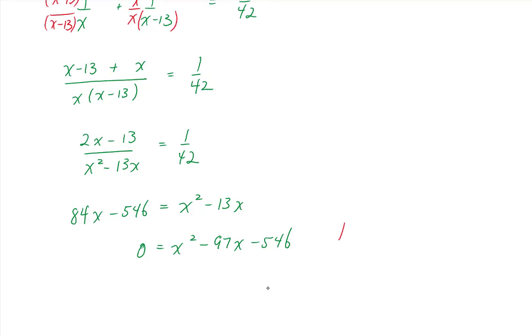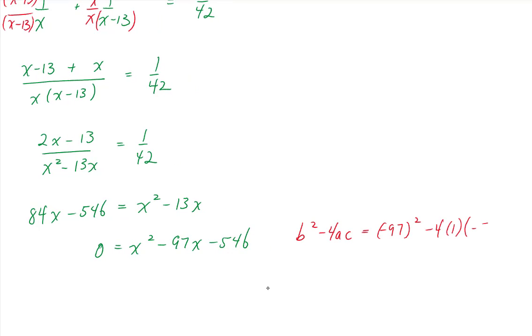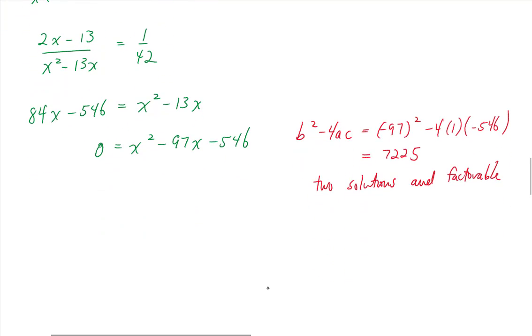So let's check our discriminant. And 7,225 is a square number, so this quadratic has two real solutions, and this quadratic is factorable. However, this might be a tough quadratic to factor. So we can use the quadratic formula.